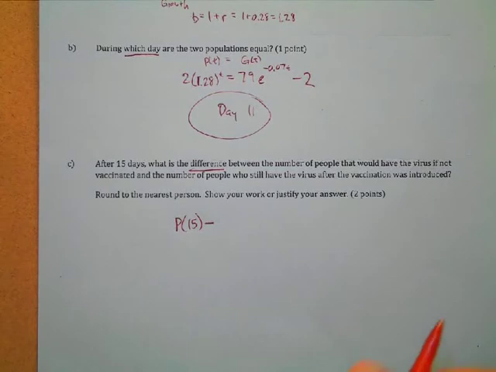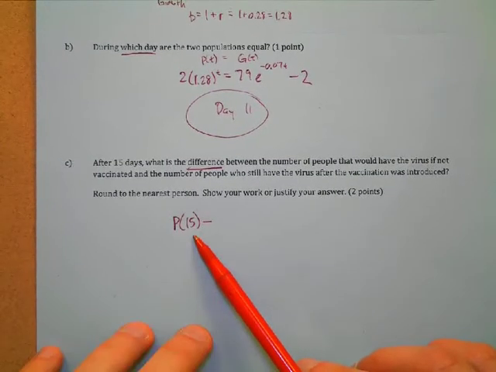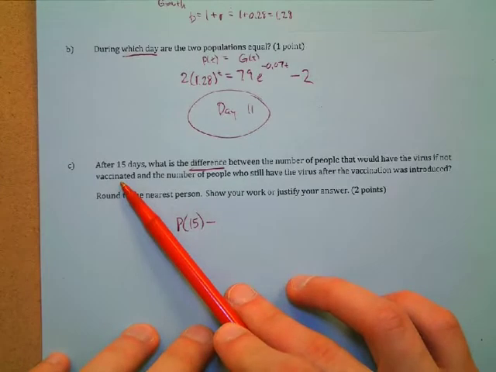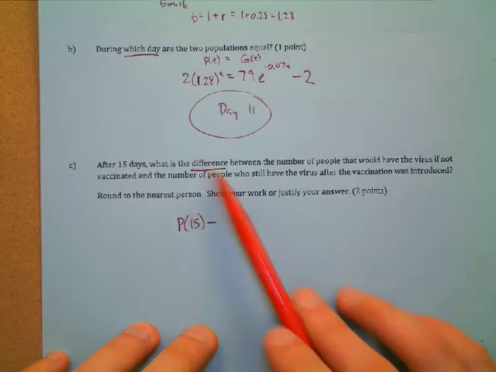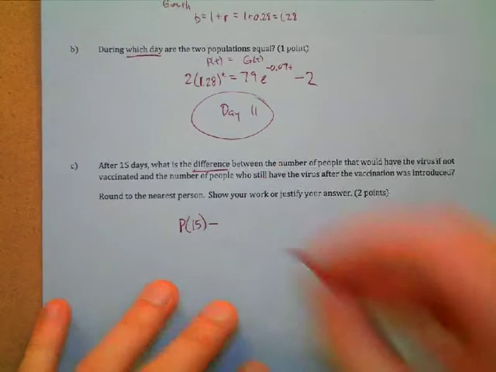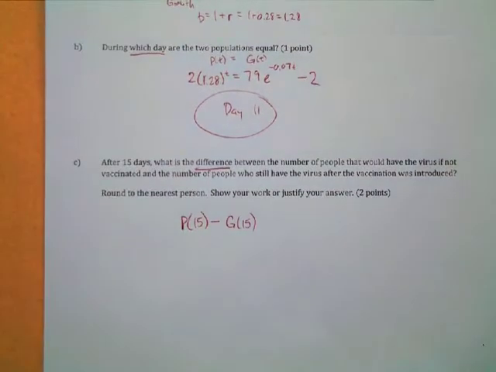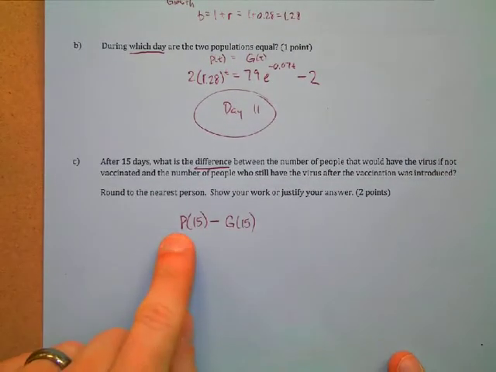Round to the nearest person, show your work, or justify your answer here. So P of 15 is the number of people that have the virus if not vaccinated. And then we'll subtract G of 15, which is the number of people who still have the virus after the vaccination was introduced. So basically we're just going to find P of 15 and then subtract G of 15, and that's it.